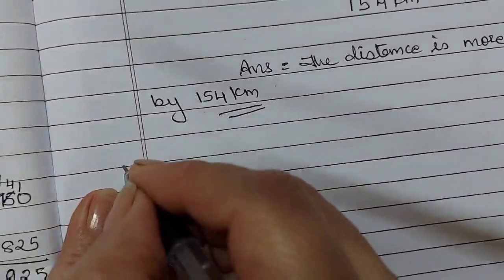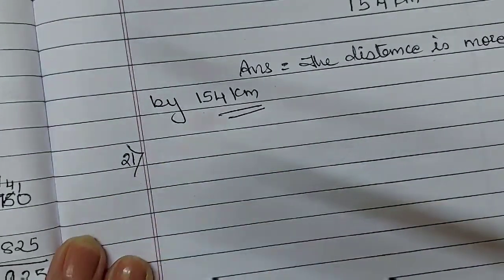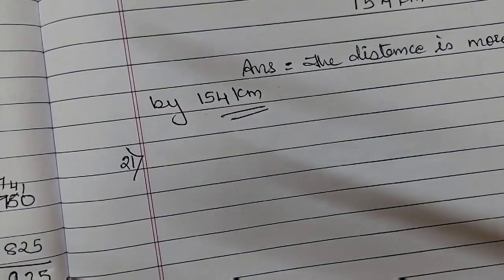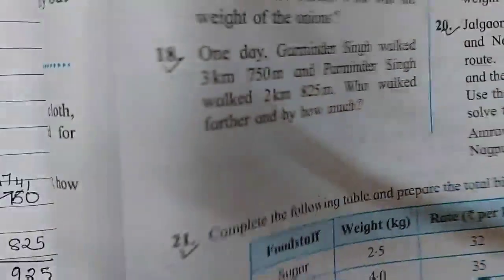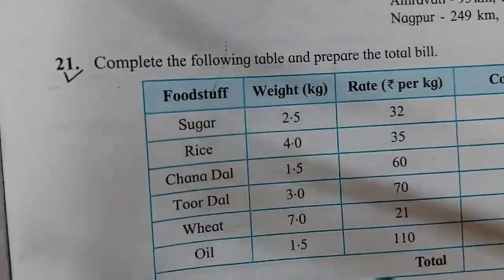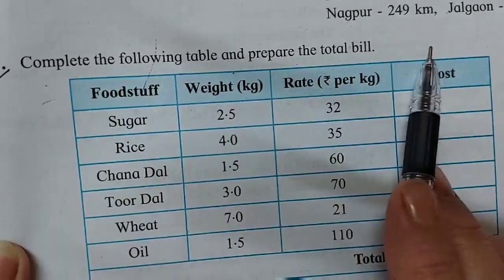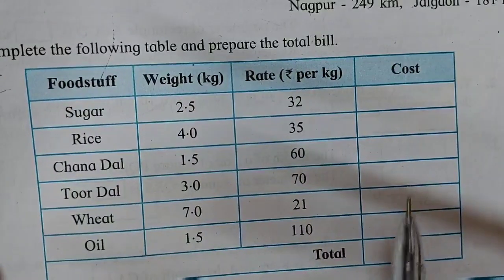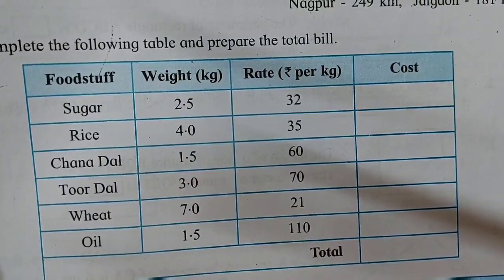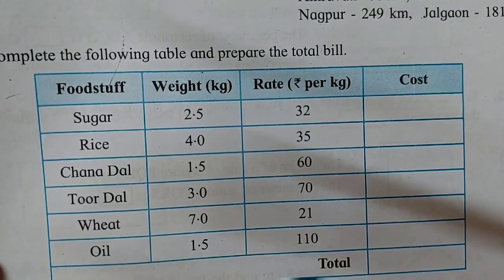Now coming to the last sum of this word problem, that is word problem 21. Right children? Word problem 21 is: complete the following table and prepare the total bill. We have to make a bill. You go to buy something from a shop, so the shopkeeper gives you the bill, no?